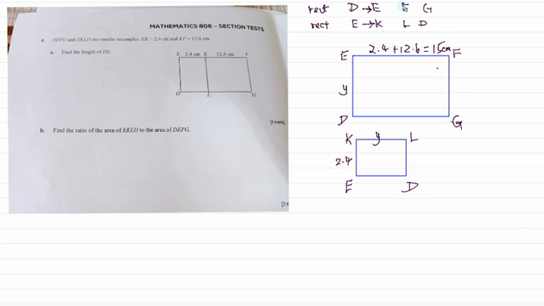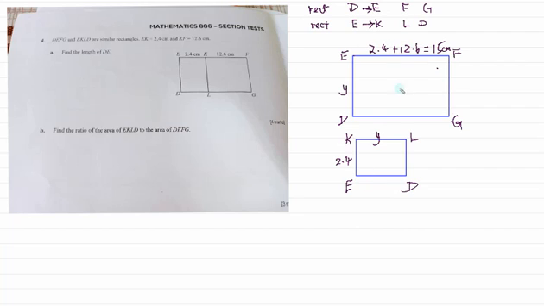Then your EF, the corresponding length is KL. Similarly, FG must be LD. Then you got DG, which must be the same as DE.